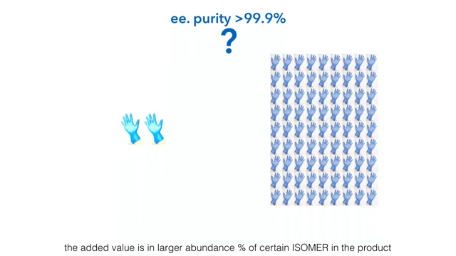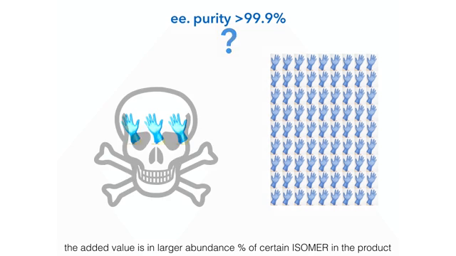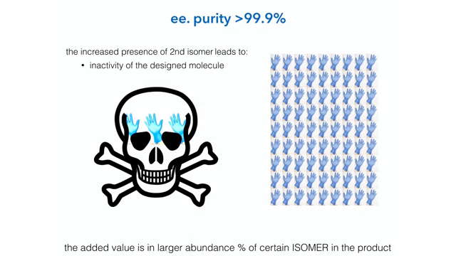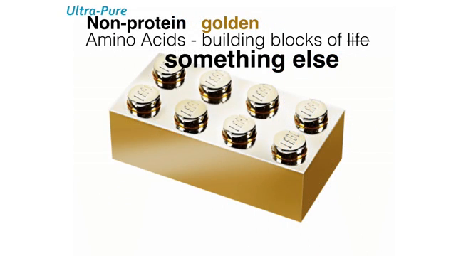The more wrong gloves you get in your mixture, the more toxic the compound becomes. It might also lead to inactivity of the designed molecule, which can be extremely harmful. That is why our ultra-pure non-protein amino acids are golden blocks of something else.